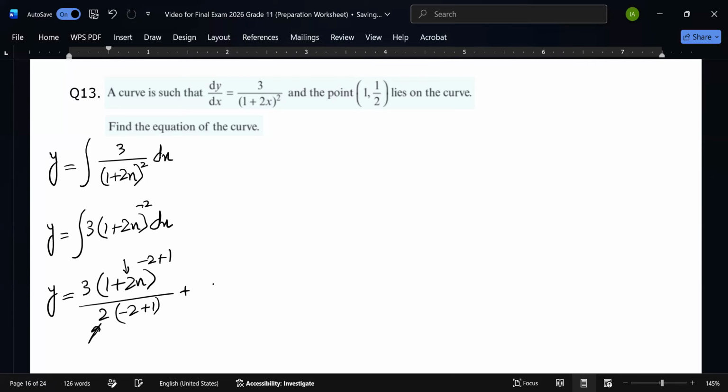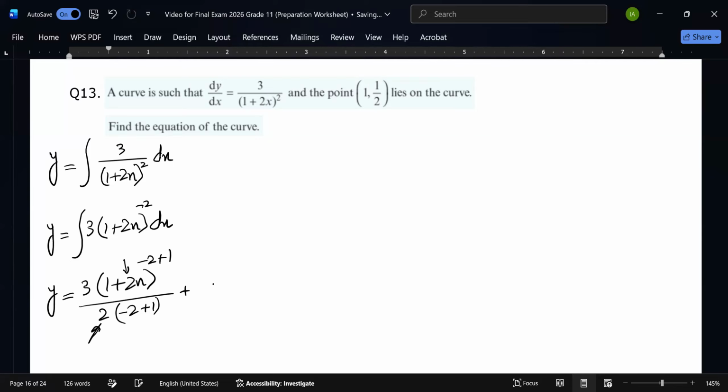Let's bring down this bracket. It's going to be negative 3 over 2 times 1 plus 2x whole power plus 1. But the missing thing is c. So substitute the value of x and y and get the value of c.